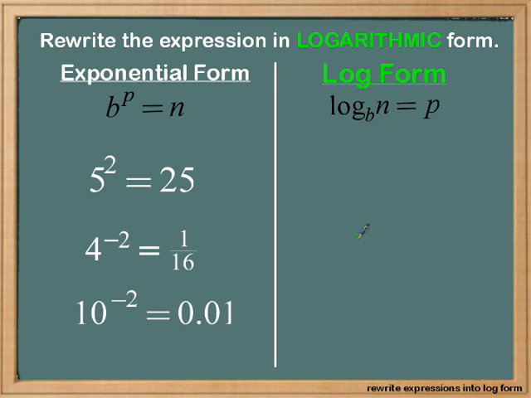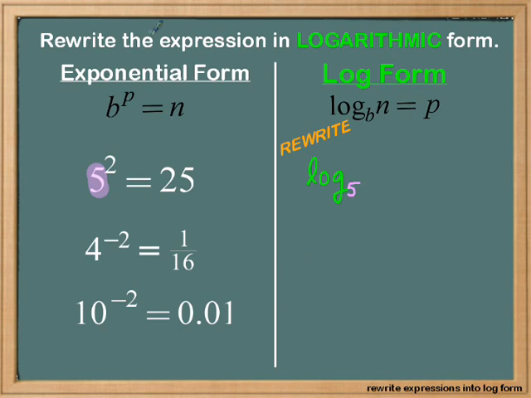So here's how we're going to write 5 squared equals 25. Let's start what we call a rewrite. The base is 5, so the base of the log is 5. What does that mean? The base will be over here. Let's write the word log. That's the first thing we do. And now we're going to drop that base of the log just below the level of the word log. We now read this as log base 5. What's going to come next?